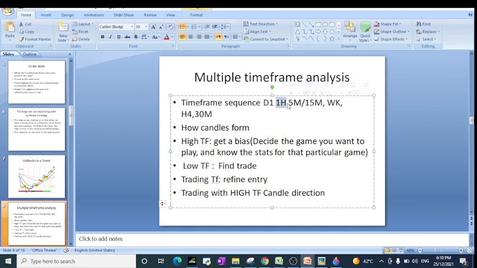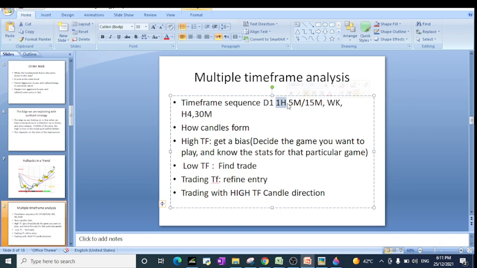I've traded the 1 hour chart for a long time, but recently I've been trading the 5 minute chart. It doesn't really matter which time frame you trade, but you have to have your trading time frame. Then you need your higher time frame in order to get your bias and decide what the trend is.